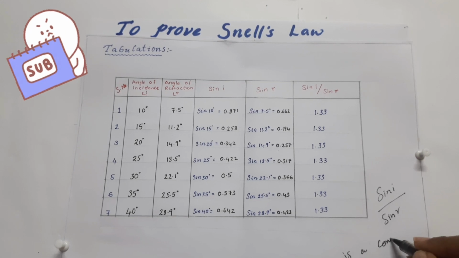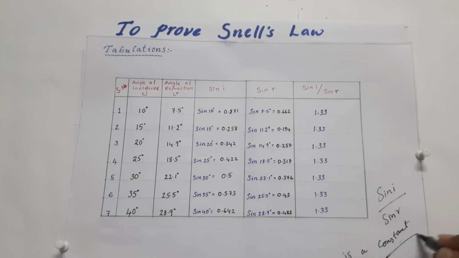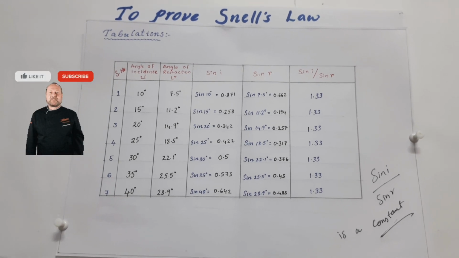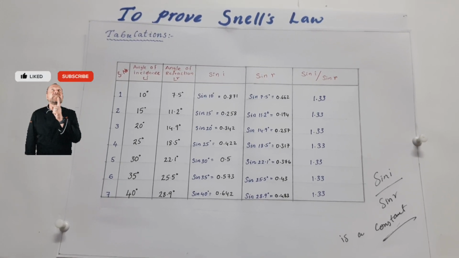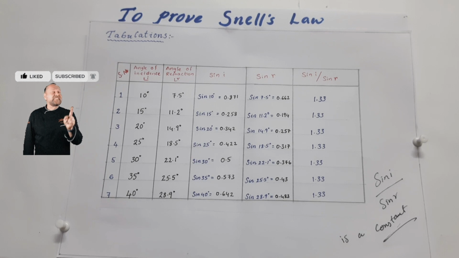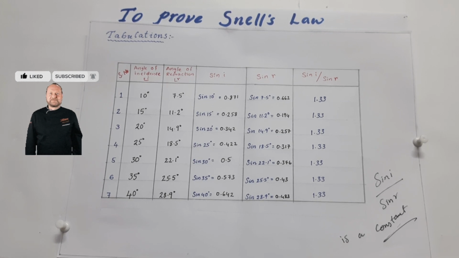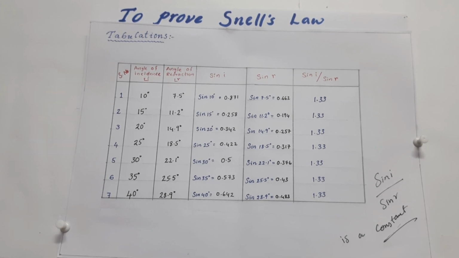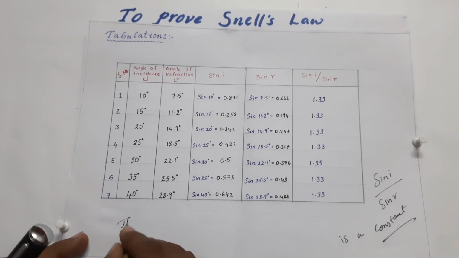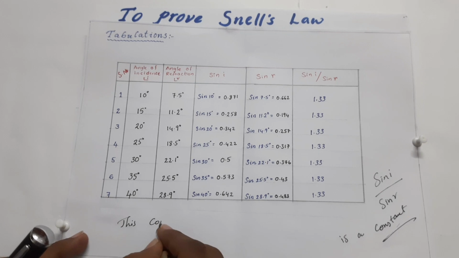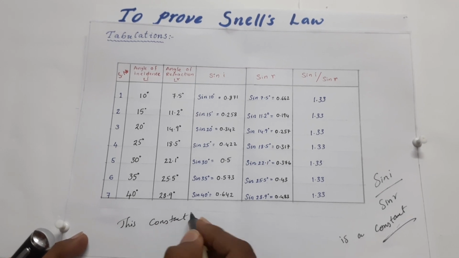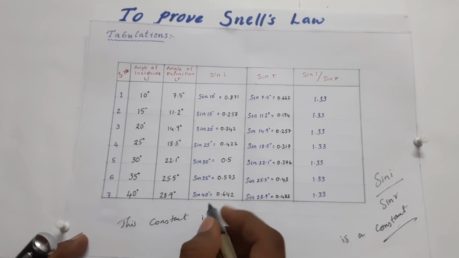So from this we can say that sin i by sin r is a constant. So our aim is to prove that the ratio between sin i and sin r is a constant. That constant is nothing but n, where the constant is nothing but the refractive index of the material.